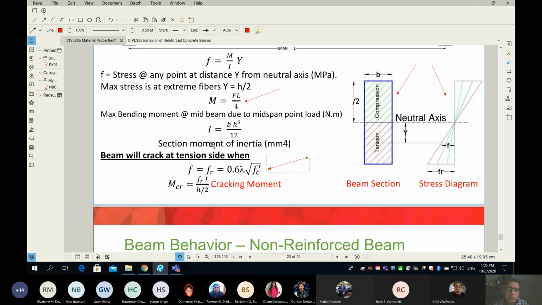So finally, based on the above, we can find M sub cr. And what is M sub cr? The name is here: cracking moment. It is the moment at which your non-reinforced concrete beam will simply fail, because the stress at the bottom fiber will be equal to f sub r, the modulus of rupture.